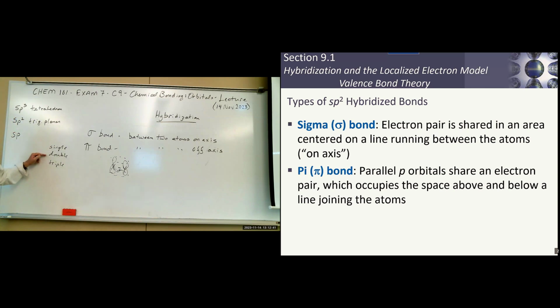The double bond is stronger because it has a sigma and a pi bond, but it's not double the single, because the pi bond is weaker than the sigma. And a triple bond adds another pi bond. So it's not a linear progression, because the pi bonds are not as strong as sigma bonds.